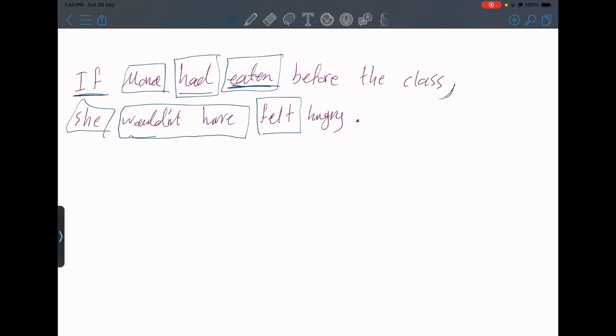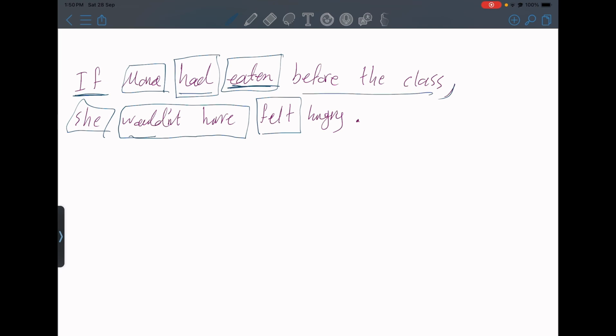So Muna didn't eat before the class, so now she is hungry. But if Muna had eaten before the class, she wouldn't have felt hungry. So now she is hungry, but she regrets that she hadn't eaten before the class. So she didn't eat, and now she is regretting that.